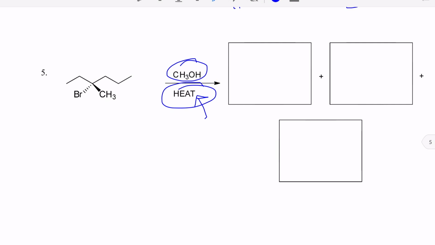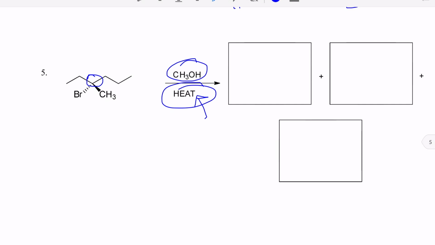And the thing is, with elimination reactions, we have to make sure that the elimination reactions are typically in competition with a substitution reaction, and that's the case for E1 reactions and SN1 reactions. When we look at this substrate, we see that essentially there is a bromine attached to a tertiary carbon.